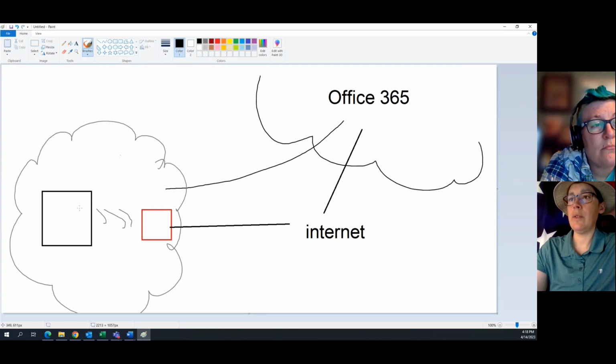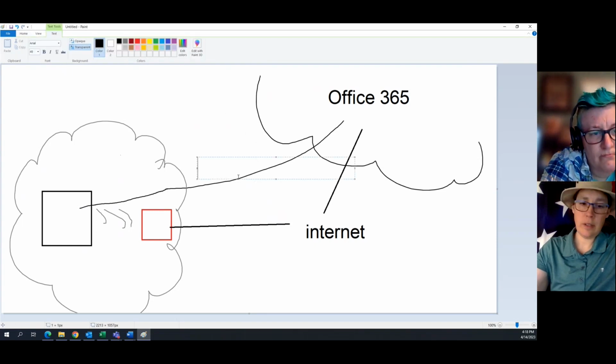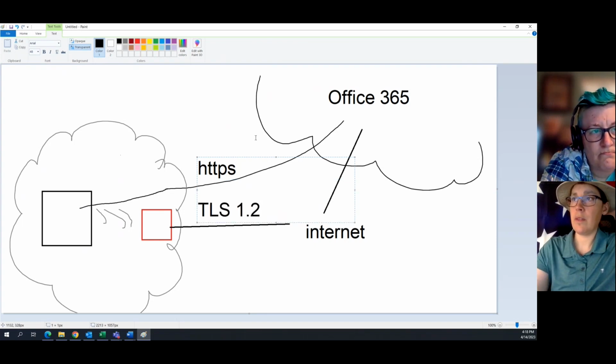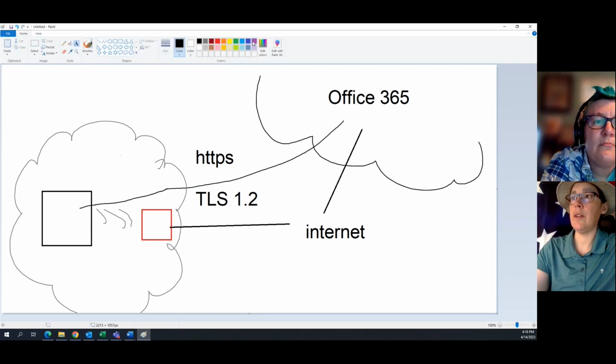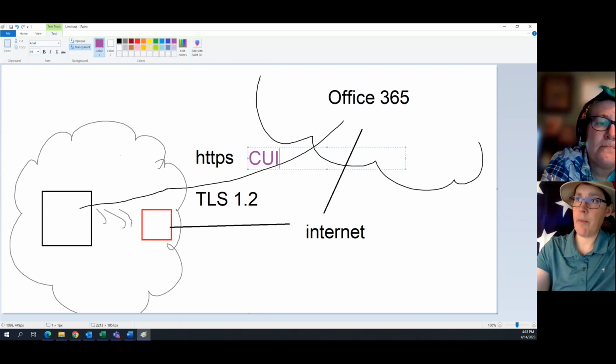Now, the web browser has established a protected session to Office 365. Okay. This is FIPS validated. You can have CUI on it.